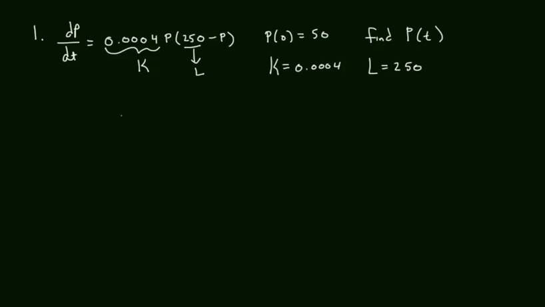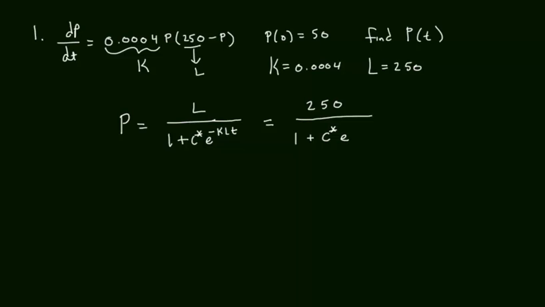Now we should have committed to memory that P equals L over 1 plus C star e to the negative kL t. And I'm just going to plug these values in. So I have 250 over 1 plus C star e to the negative k times L, which gives us negative 0.1, and then we have t.